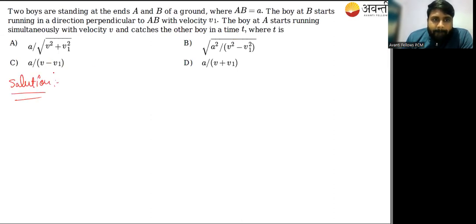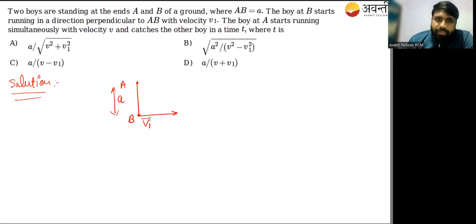Now let us consider that this is B and this is A. So they have a distance between them as small a. Now B has started moving in this direction with a velocity V1, which is also perpendicular to this line AB.